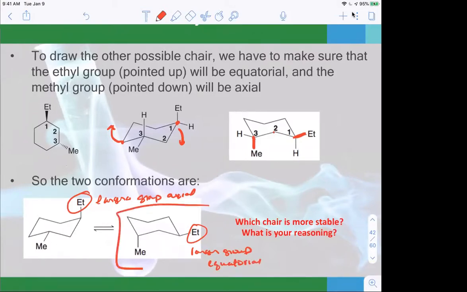So this is going to be more stable because ethyl is larger than methyl. And in this particular ring flip, this chair conformation of this trans compound, my ethyl can be equatorial. Remember, both of them have one group equatorial, one group axial. I want the larger group to be equatorial. That's the more stable conformation.